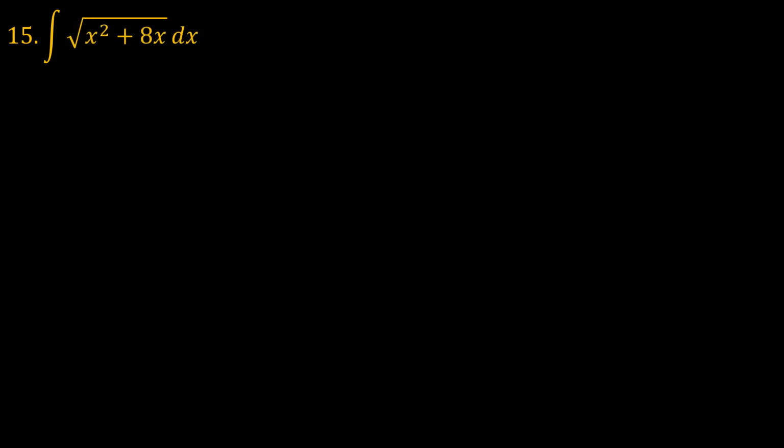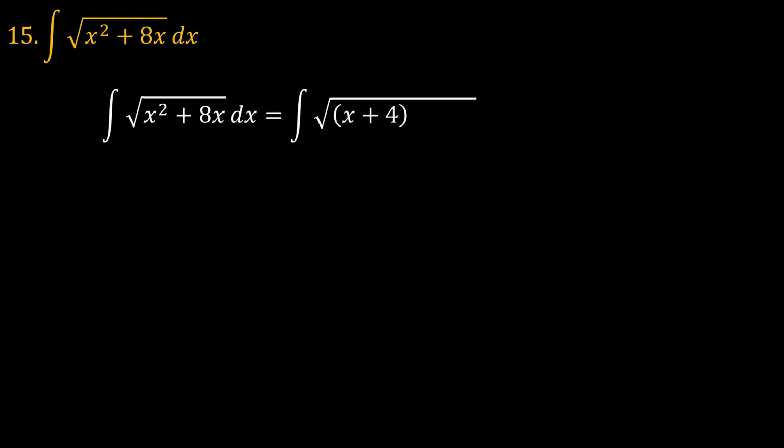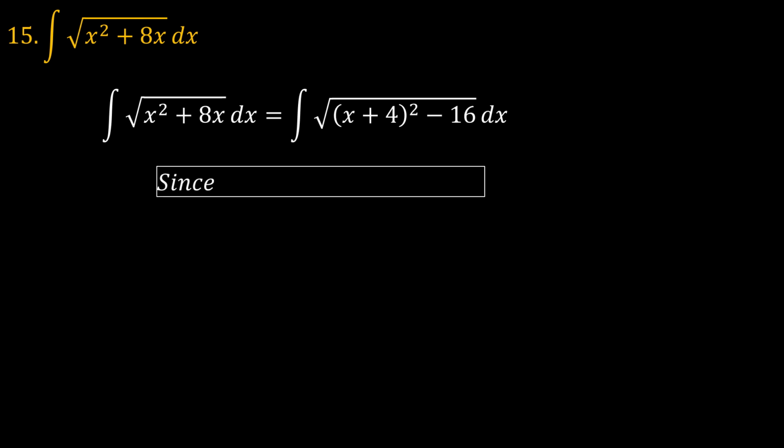It's kind of interesting, but what we could do here is express the square root of x squared plus 8x as the square root of (x plus 4) squared minus 16. And so using the identity, we're going to use hyperbolic functions here. So cosh squared t minus 1 equals sinh squared t.